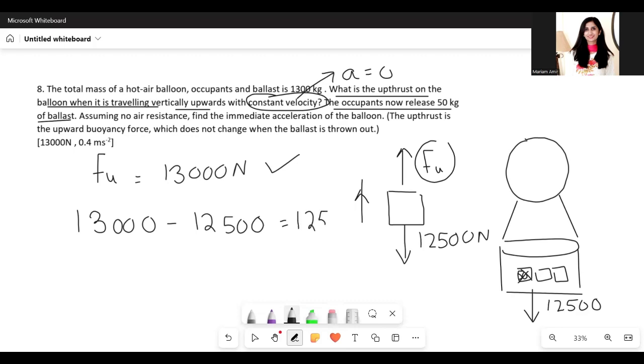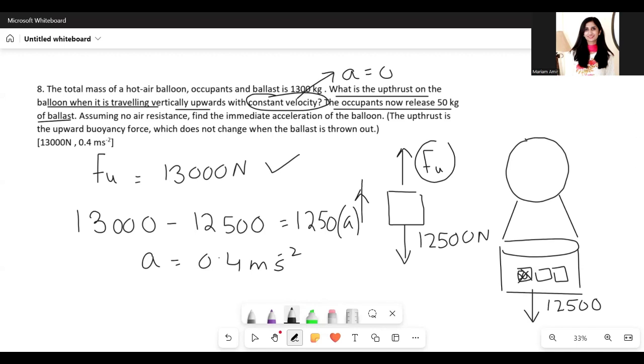So 1250 times a. This would give 0.4 meters per second square.